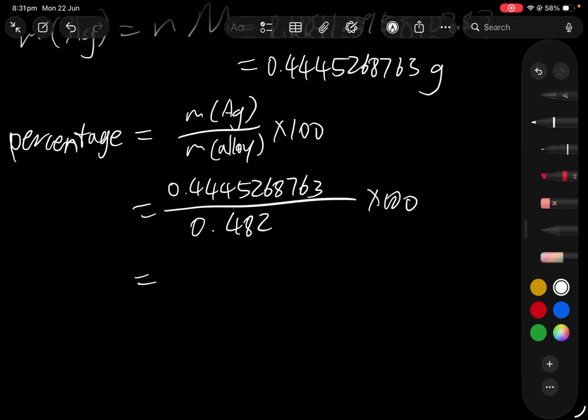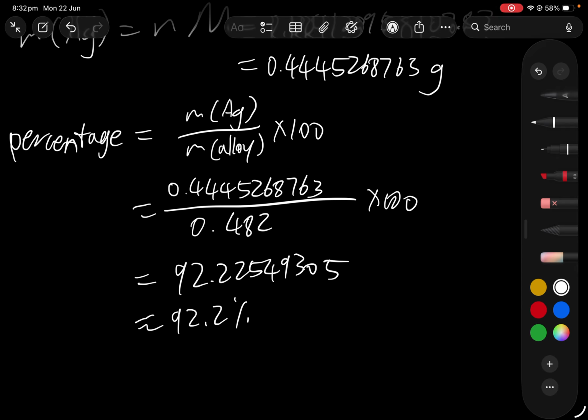We get 92.22549305, so 92.2% of silver in this alloy.